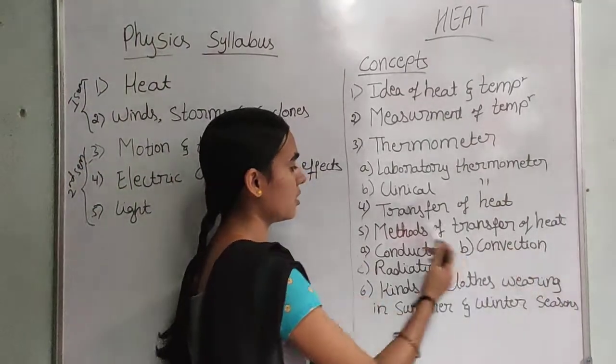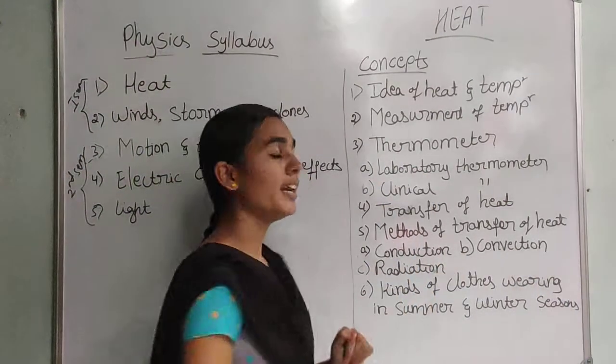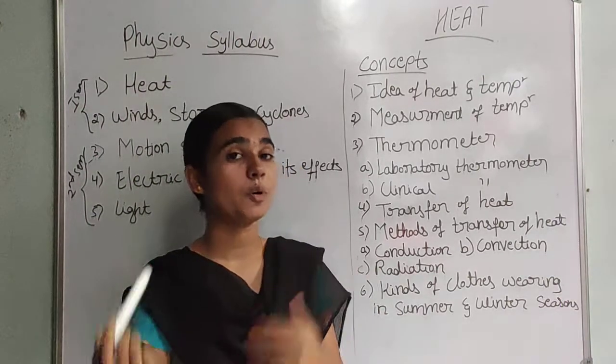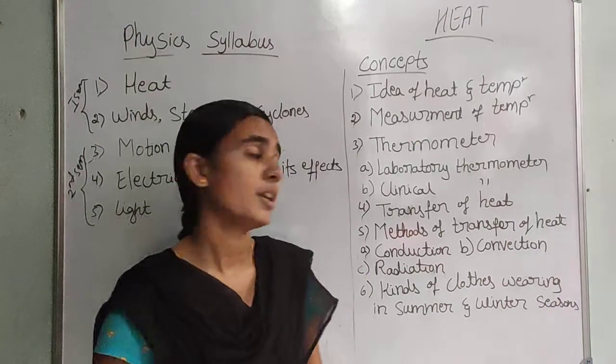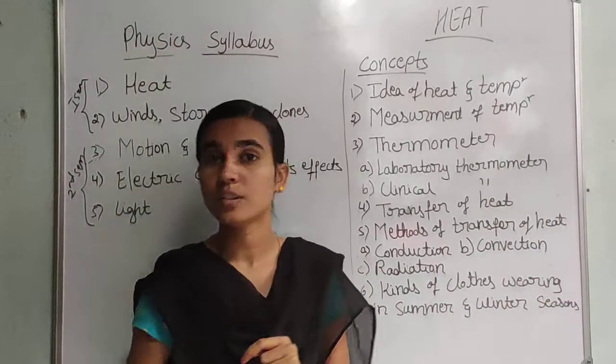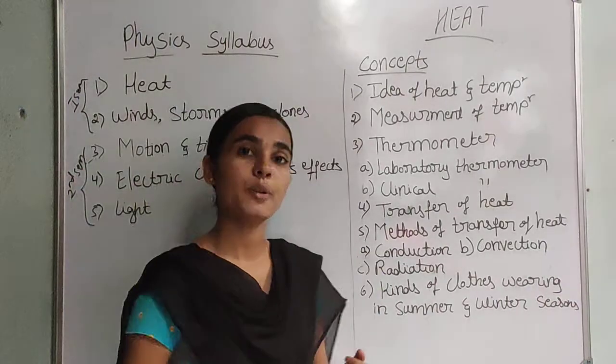By these processes we can observe the transfer of heat from one body to another body, or from surroundings to an object or from an object to the surroundings. So what is the conduction method, what is the convection method, what is the radiation method? These three methods we are going to study.